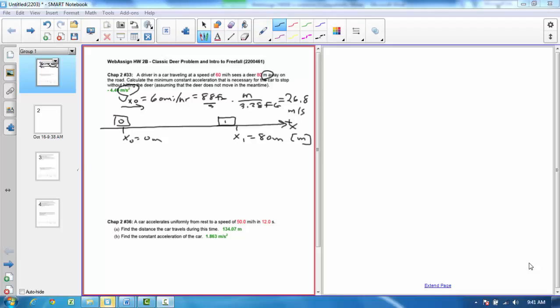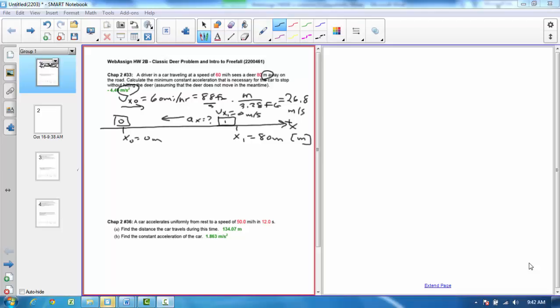The question is, what's our final velocity right here? 0 meters per second. And they want to know how much acceleration. The acceleration can be pointing backwards, right? Slowing down. What is our acceleration if we come to a stop right before we hit the deer?